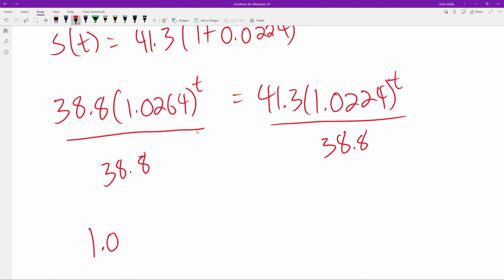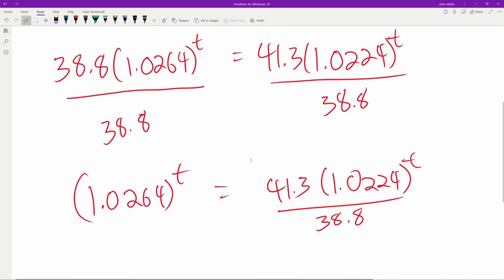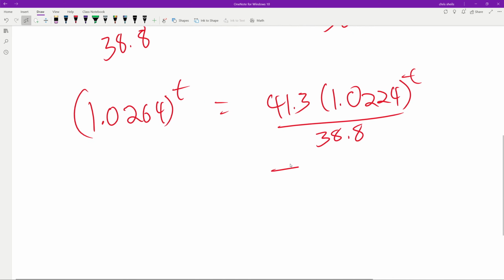So I have 1.0264 to the t power is equal to 41.3 times 1.0224 to the t power all over 38.8. And now I'm going to divide both sides by 1.0224 to the t power.